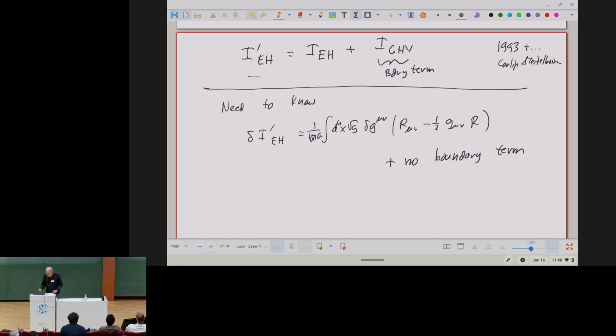So this is the statement that I prime EH is like I1 of the free particle, while the naive IEH is like I2, the bad one. So I prime is the improved Einstein-Hilbert action for which the naive statement is true.